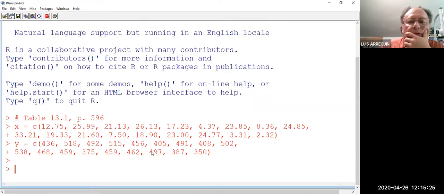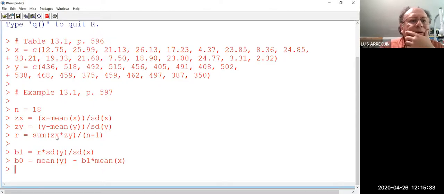So I'm entering n equals 18 because I have 18 ordered pairs. Then this is the formula to compute the z-score for X, the z-score for Y, then the formula for R, the correlation coefficient, then B1 and B0.